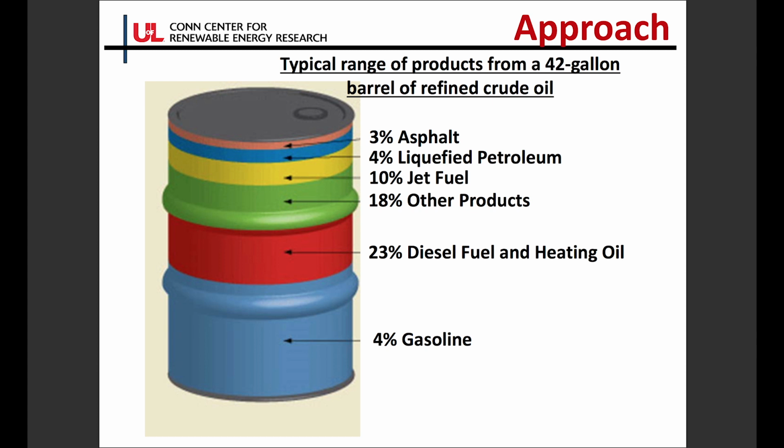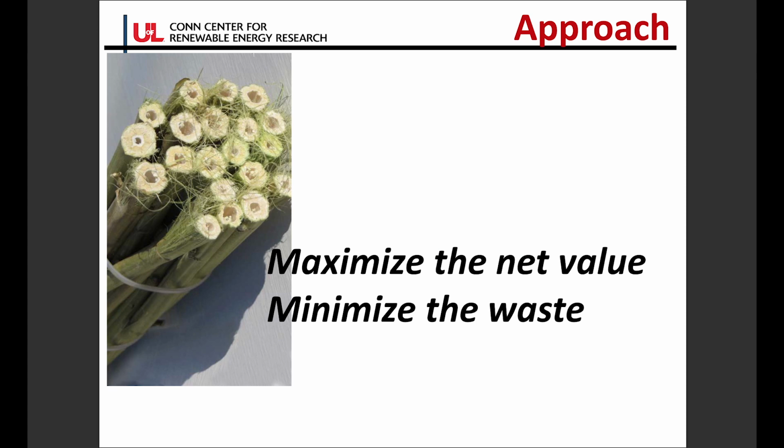So the bottom line is there is nothing that's wasted. Every drop of crude oil that we get in, we use it. We need a similar approach for biomass types as well. That means we need to maximize the net value and minimize any other waste that's generated.